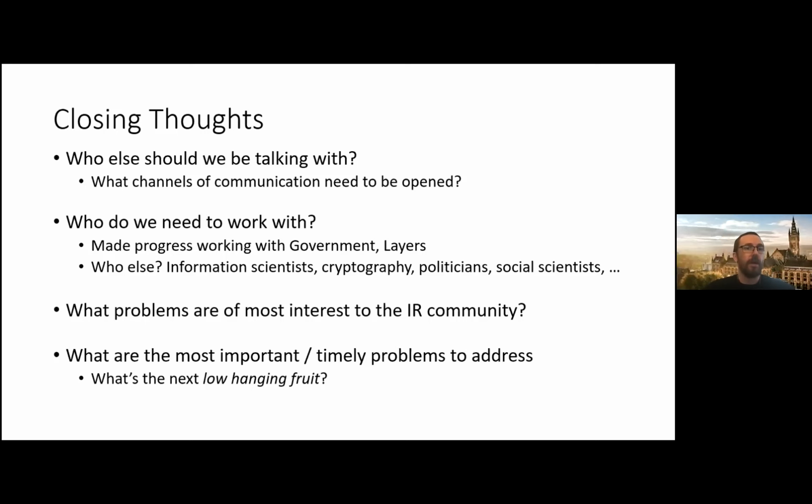Having said that, we've talked about a wide range of different problems and interesting parts of sensitive information retrieval. So what we have to identify is what problems the IR community is most interested in, and what would be most beneficial for individual groups to work on.